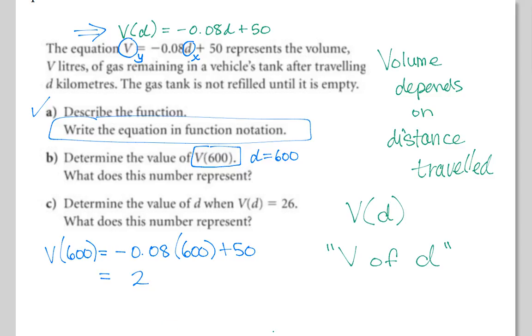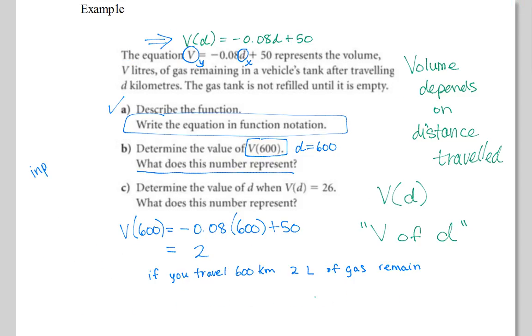So what does that mean? What does that number represent? If you travel 600 kilometers, 2 liters of gas remain. So for this question B, the input is given and you have to calculate the output.